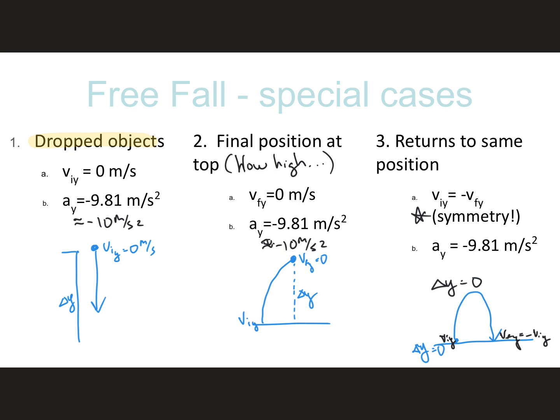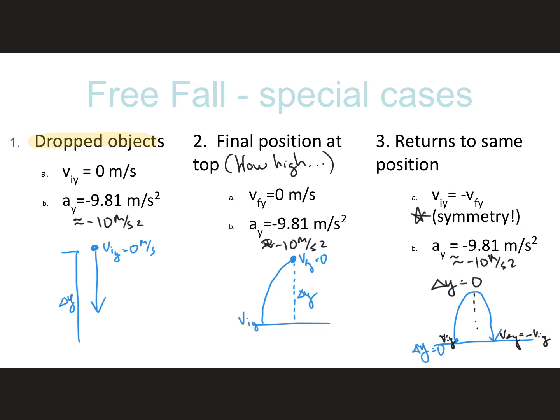Every second, the speed is changing by negative 10 meters per second. But that same change is happening on the way down, okay? It's because gravity acts on it the same that we get that symmetry.